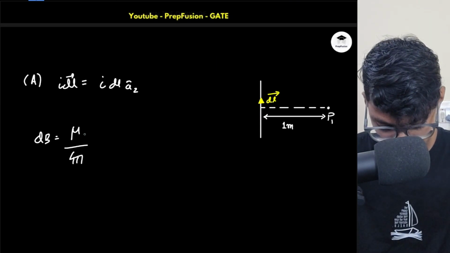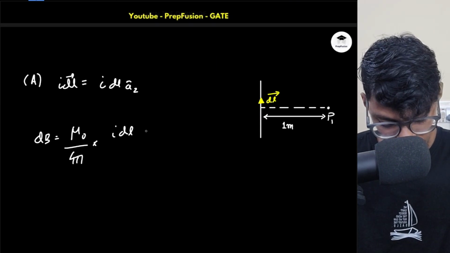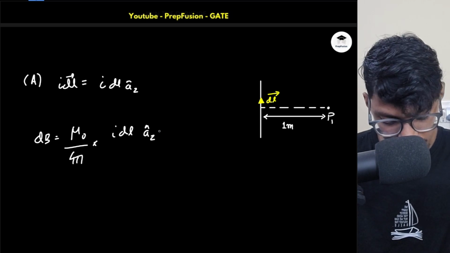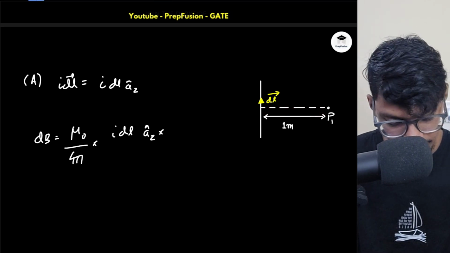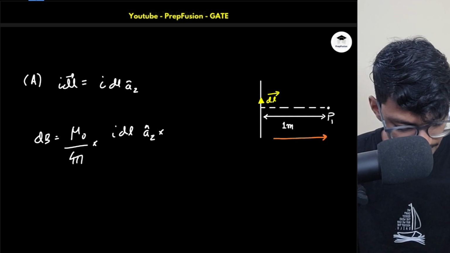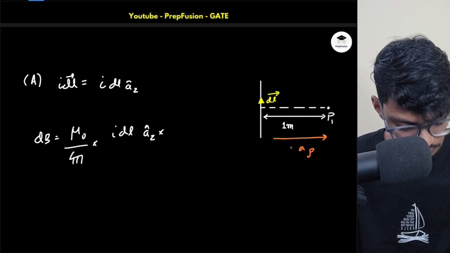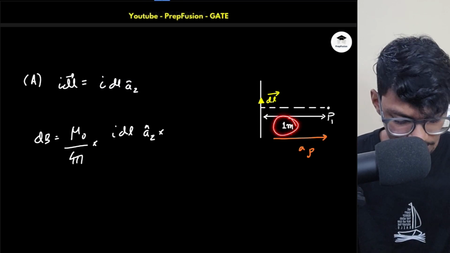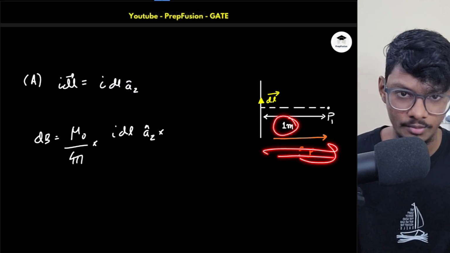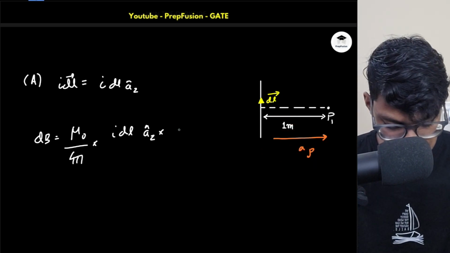So mu naught times I dl a-z cross this vector. What is this vector? It is simply a-rho cap, because this is 1 meter only. So this is simply in the a-rho cap direction, since I'm using the cylindrical coordinate system.